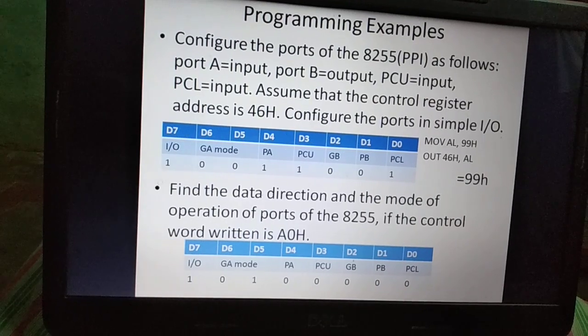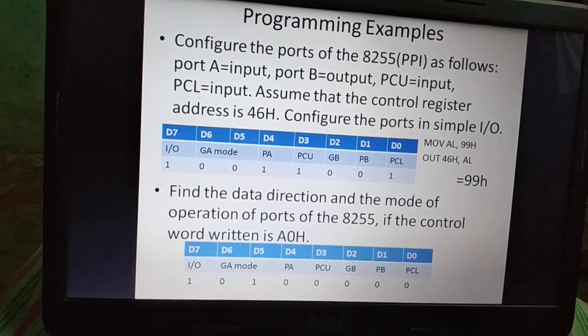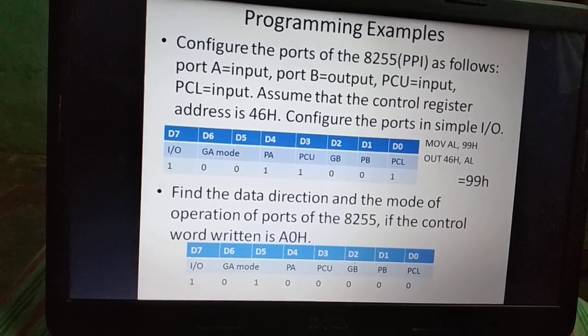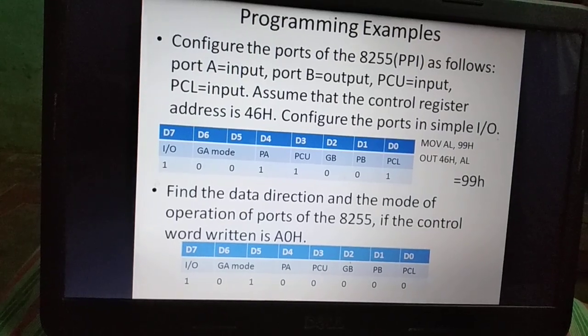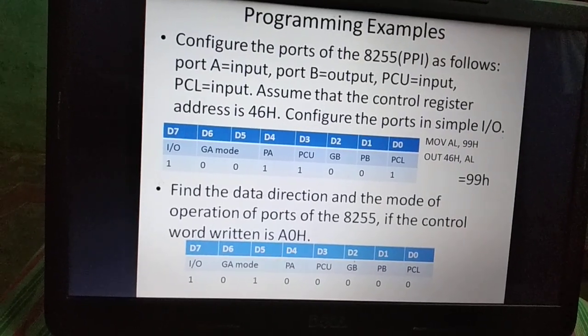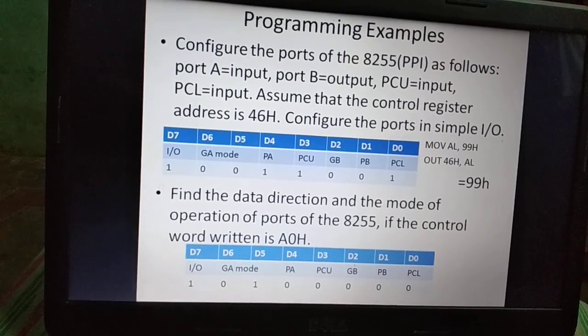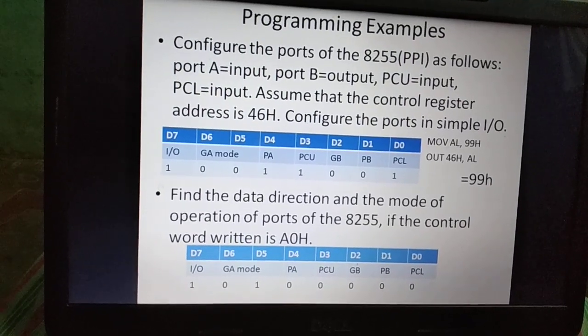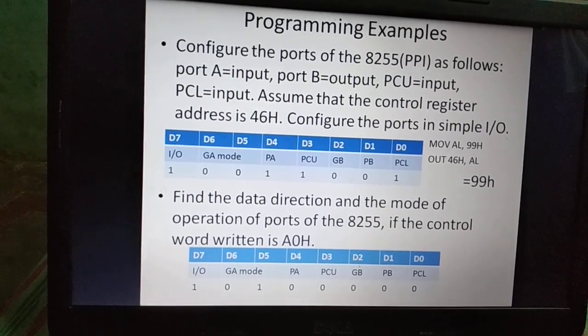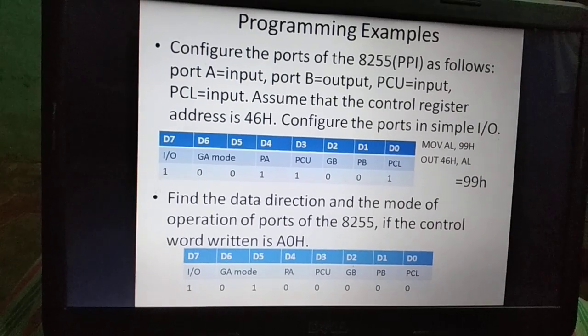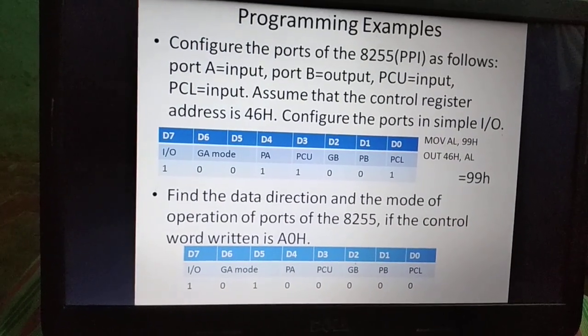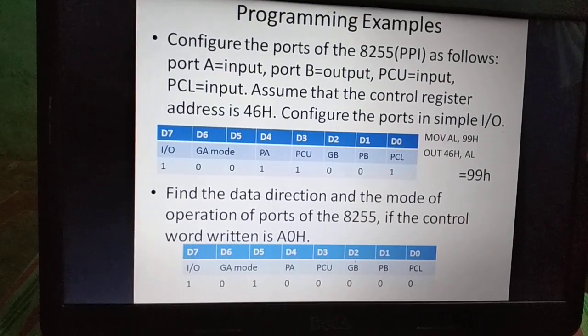Port C upper and port A are both used for input, so their values are set to 1 and 1. Since there are three modes possible and we are going to program in simple IO mode, the mode bits are given as 0, 0. When you write this in hexadecimal format, it is equal to 99H.